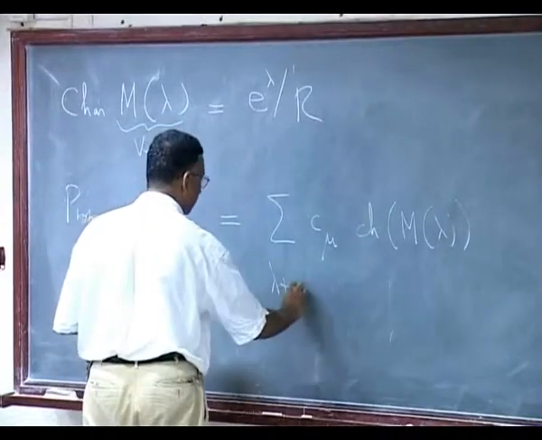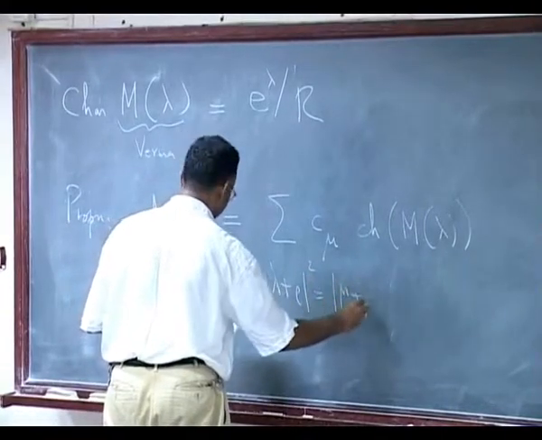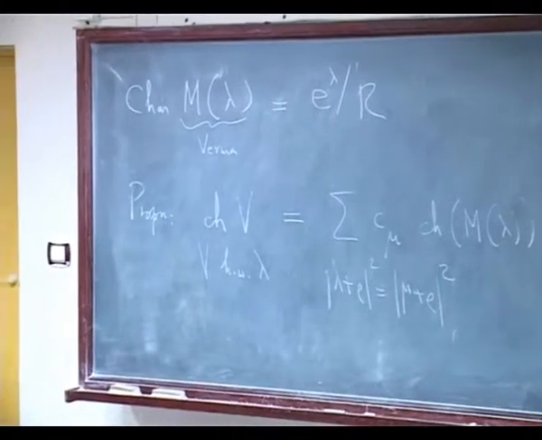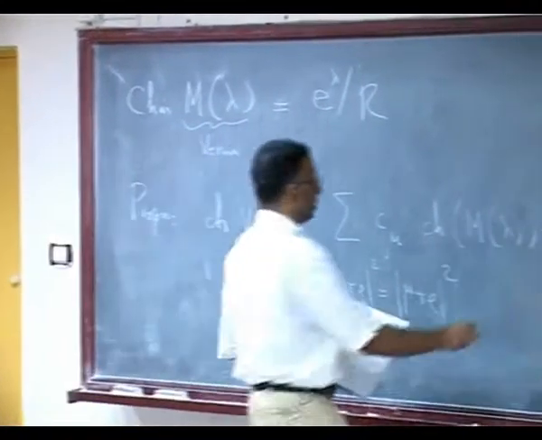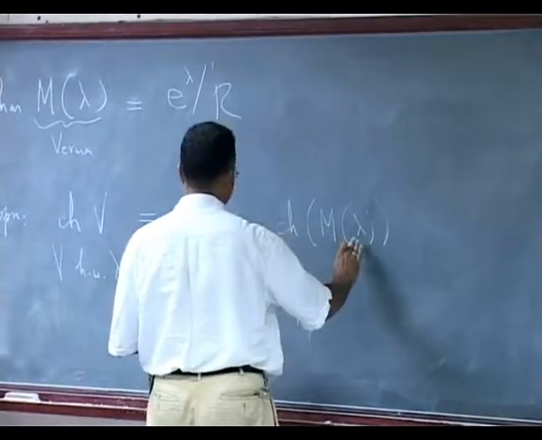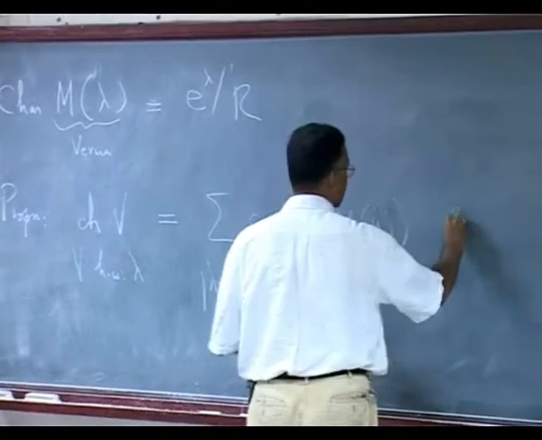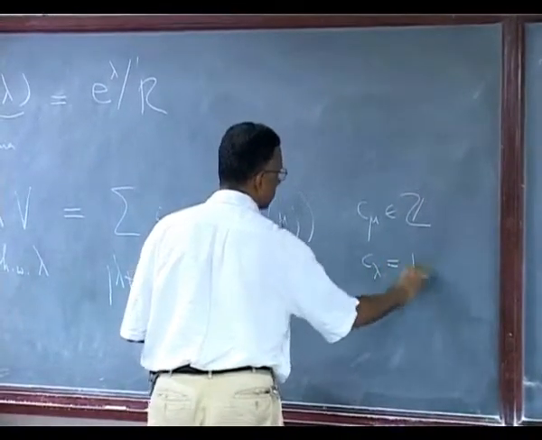I will give you an idea of why this must be correct. C mu in Z, C lambda equals 1.